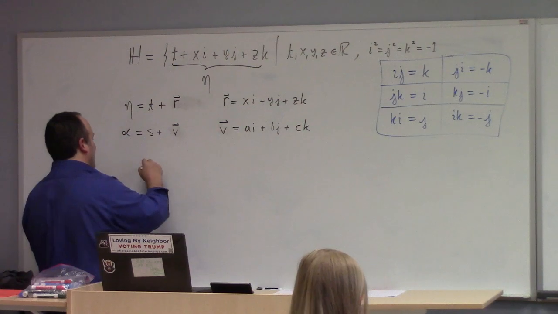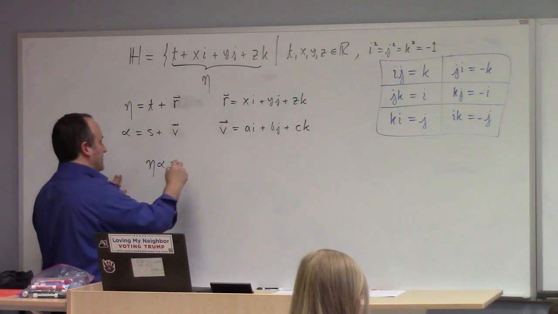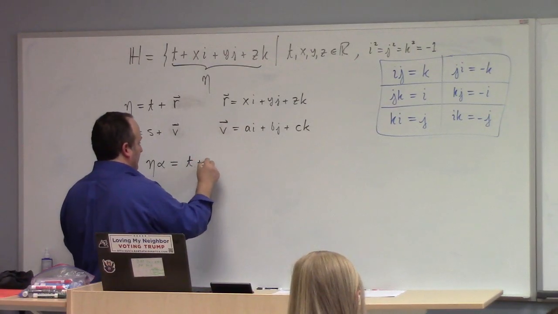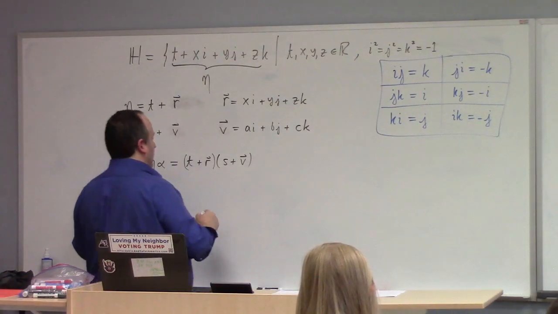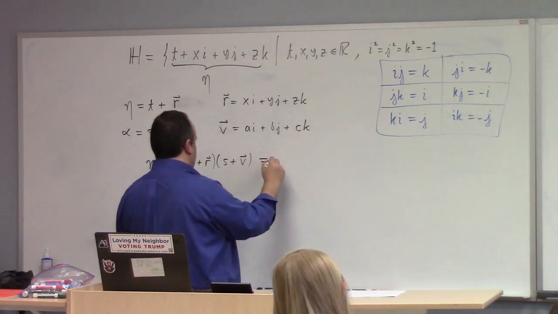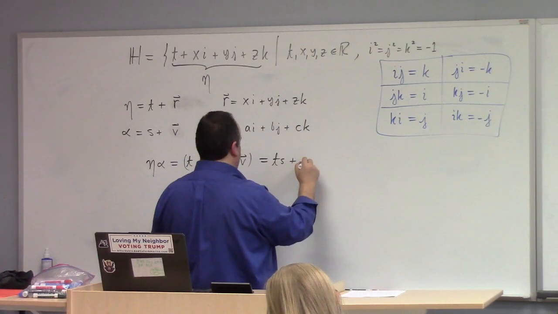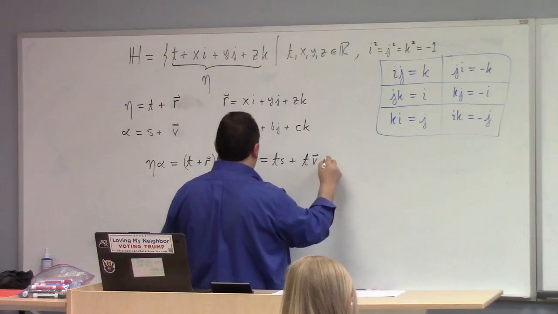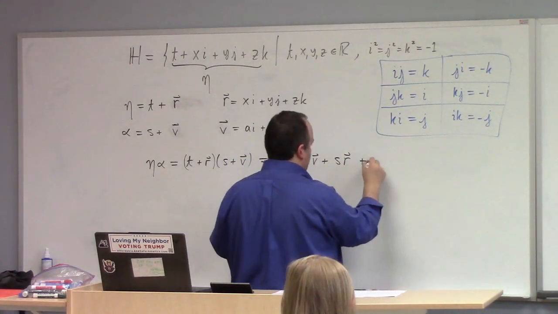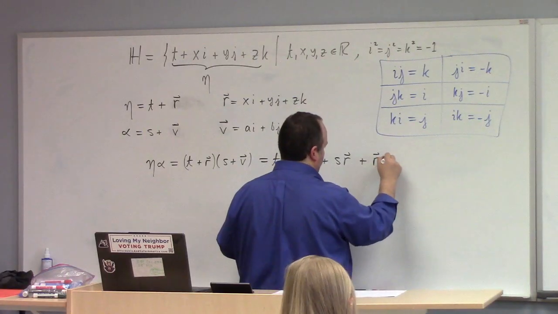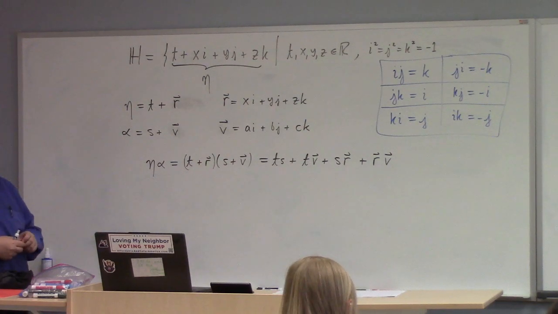So what happens with eta times alpha? So I've got t plus r vector times s plus v vector. And the way this works is you got ts plus t times v plus s times r, and then plus r times v. All right, that's what the quaternion multiplication looks like.